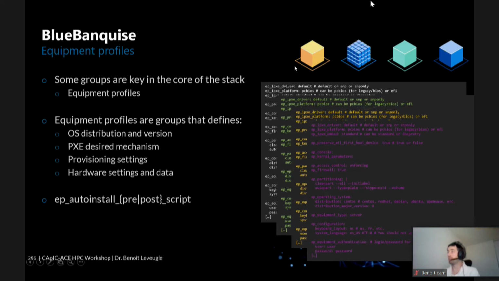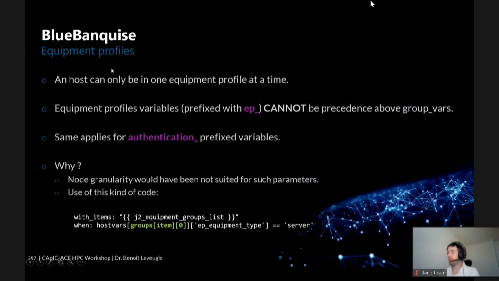So here I have one for my management node, storage, etc. You just need to remember that a host can be in one equipment profile at a time only. A server cannot be an HP and Dell at the same time. It's Dell or HP, okay? So you need to be sure you are in only one equipment profile group.